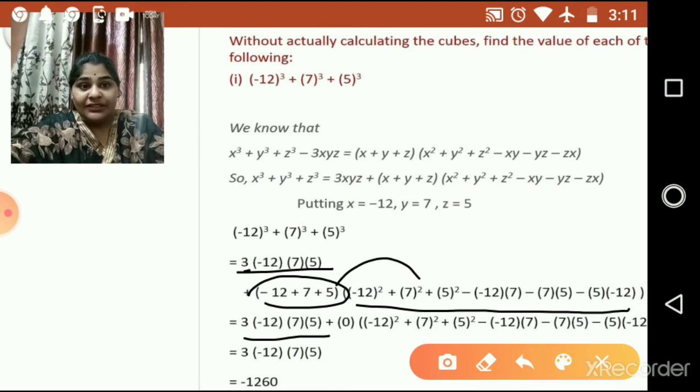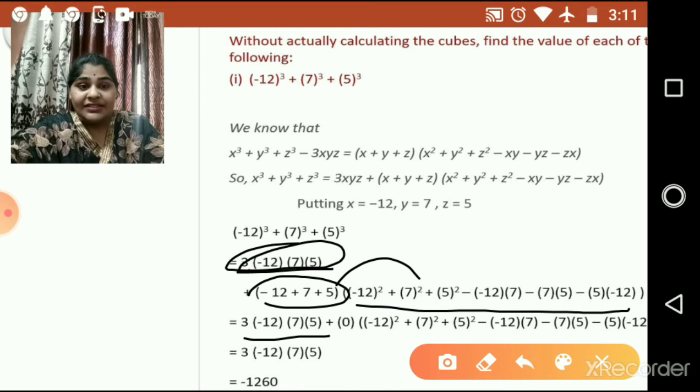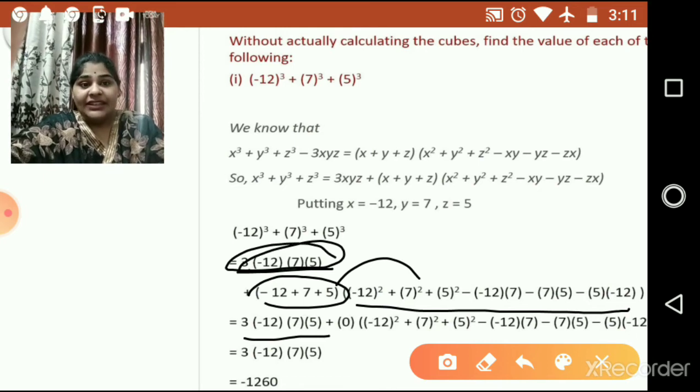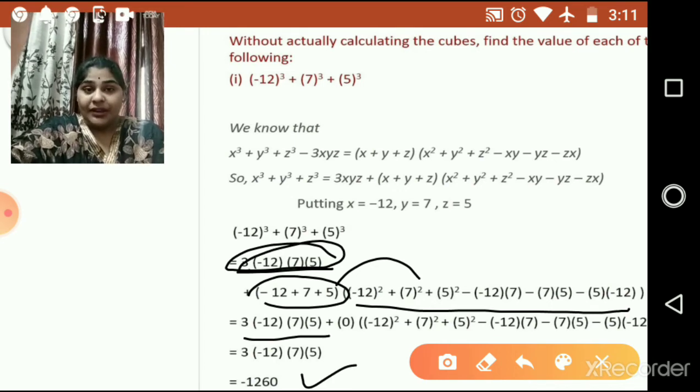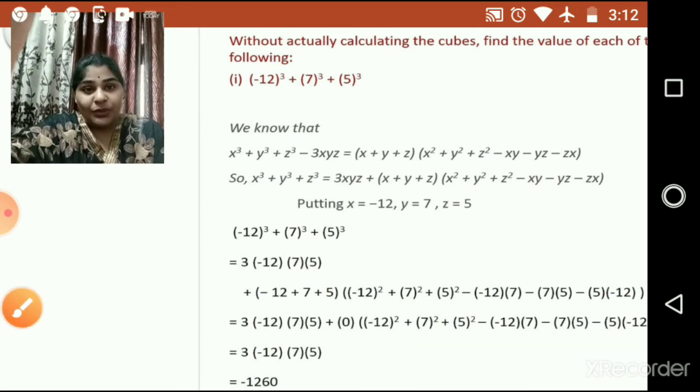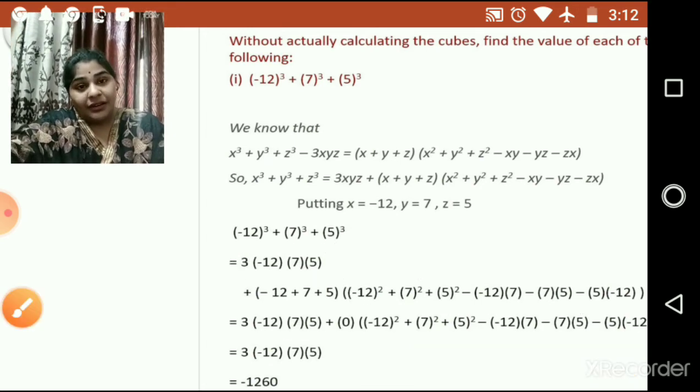That means only this term is remaining, that is 3 into minus 12 into 7 into 5, which gives you negative 1260. That's it. You have to just substitute the values, children, and solve it.